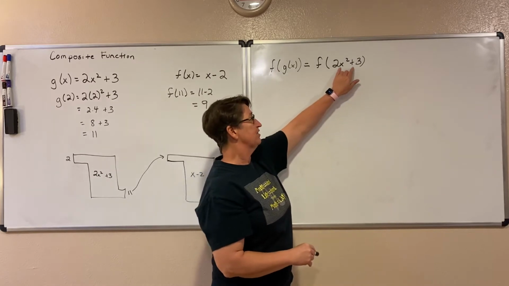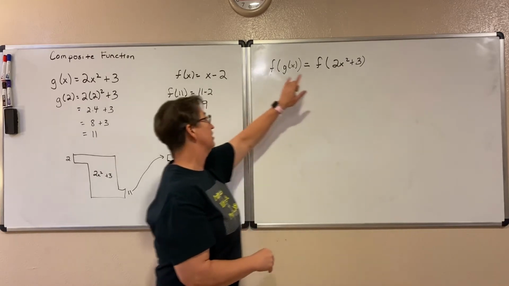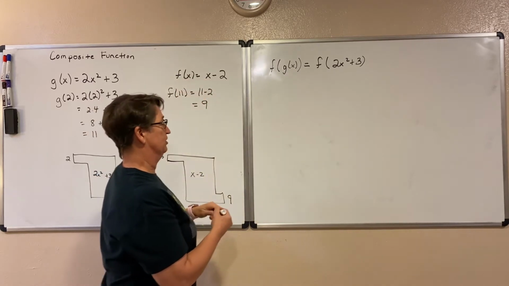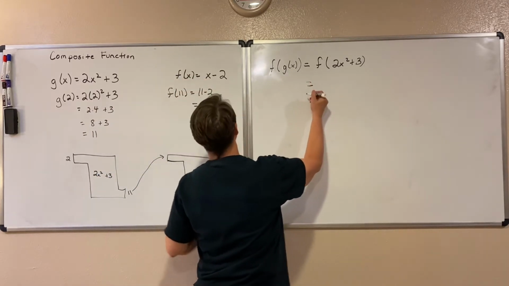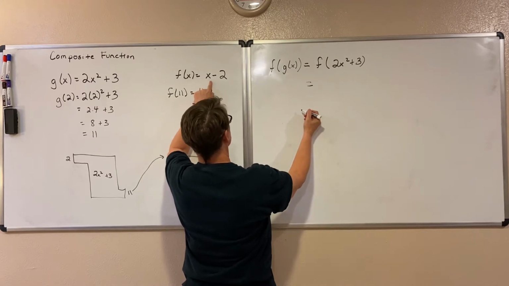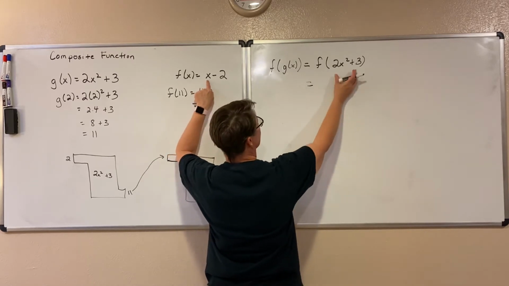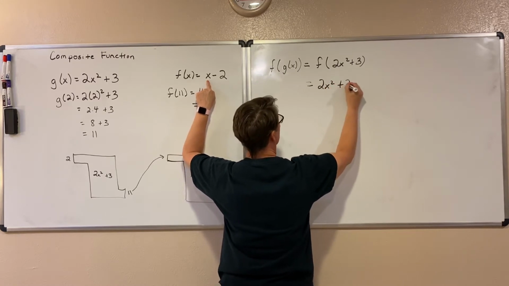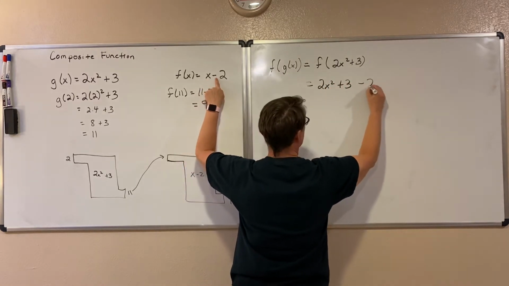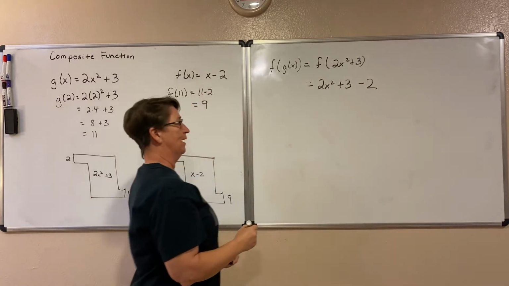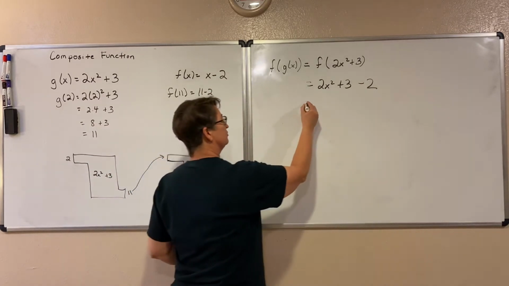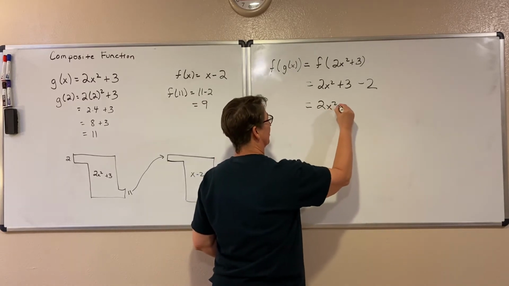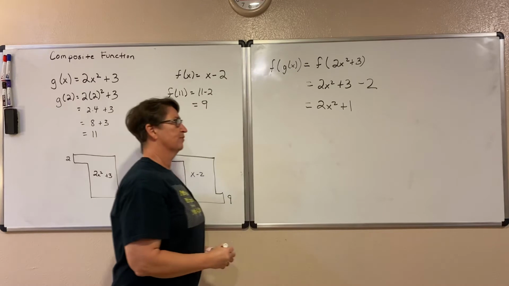I'm just going to plug it in or substitute it in everywhere I see an x in my f function. So, instead of writing this x, I'm going to write 2x squared plus 3, and then I'm going to subtract 2, so minus 2 from that. I'm going to combine those like terms so that I have 2x squared plus 1.